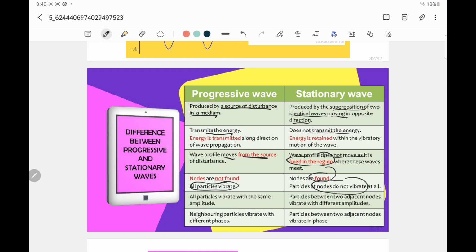All particles in a progressive wave have the same amplitude, but for stationary wave, particles between two adjacent nodes vibrate with different amplitudes. Neighboring particles in a progressive wave vibrate with different phases, but for stationary wave, particles between two adjacent nodes vibrate in phase.